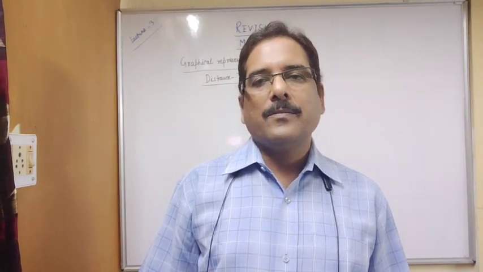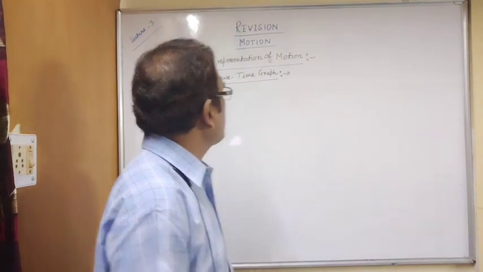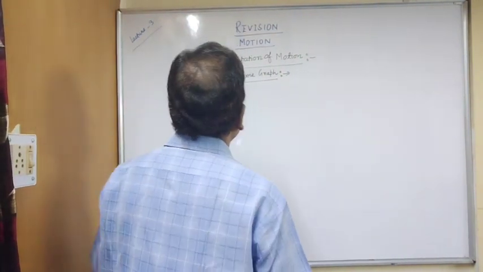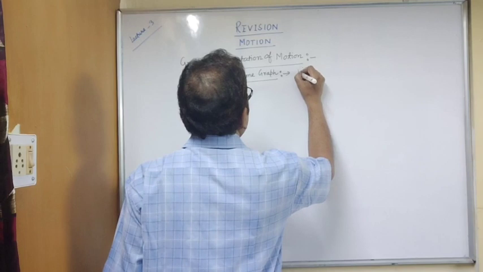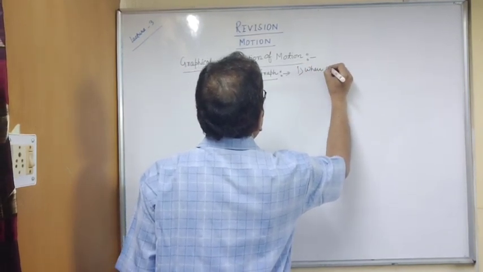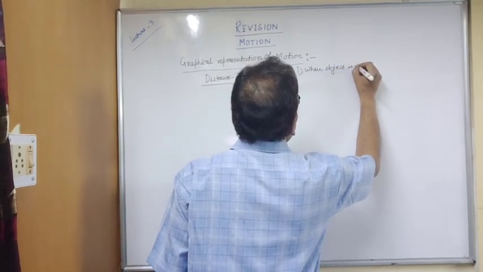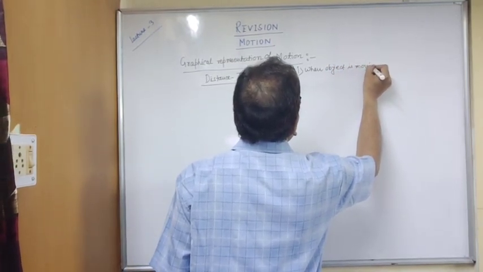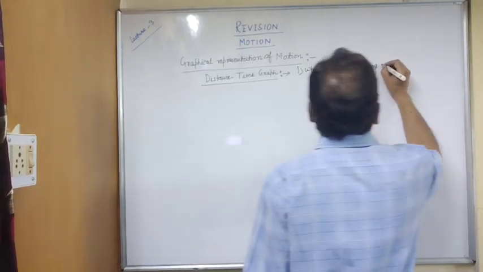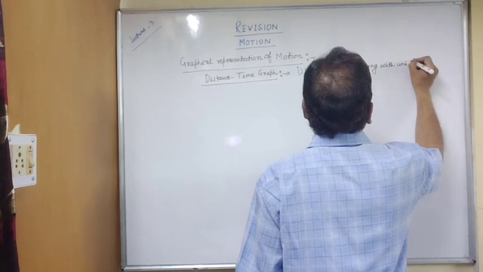So first we will discuss the distance time graph when the object is moving with uniform speed.